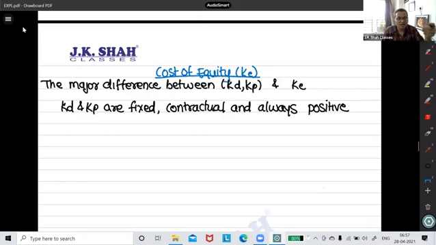You can't go to the bank and bargain. Okay, what's your rate of interest? The bank says, okay, ours is 8%. No, no, no. We want minus 2%. Means you take a loan from the bank, the bank will give you 2%. Is that possible? No. So it is fixed, it is contractual, and always positive.